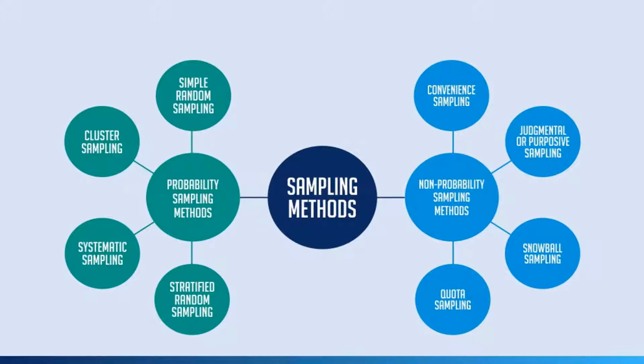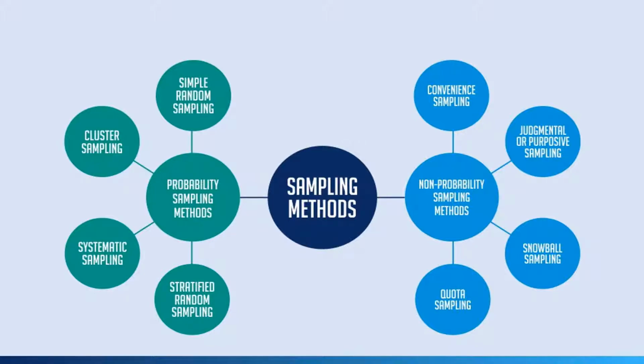So the probability sample uses statistical theory to select randomly a small group of people, which is called the sample, from an existing large population, and then predict that all their responses together will match the overall population. So that's what we call the probability sampling method.